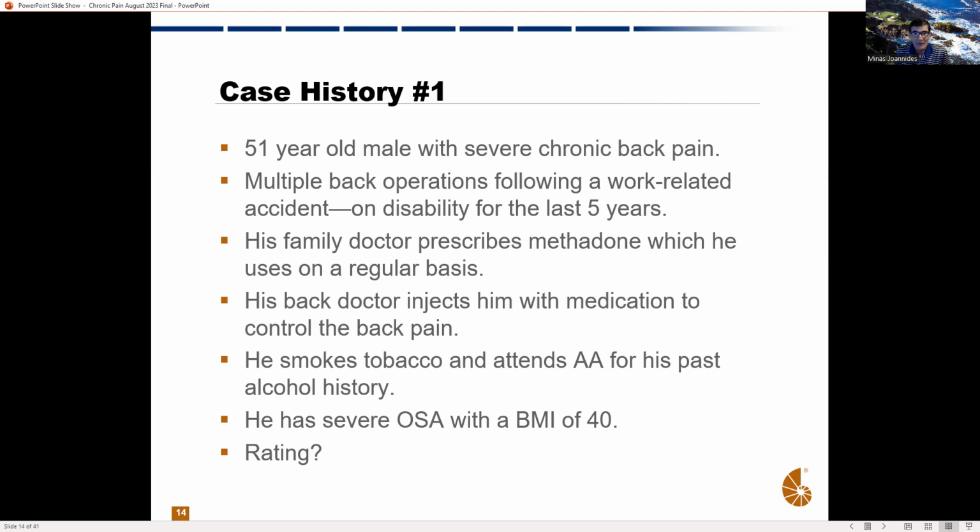He requires additional injections, he smokes, he had alcohol issues in the past, he's overweight with sleep apnea, and the outlook for him does not appear to be good. So this rating would likely be unfavorable, and we would likely decline him.